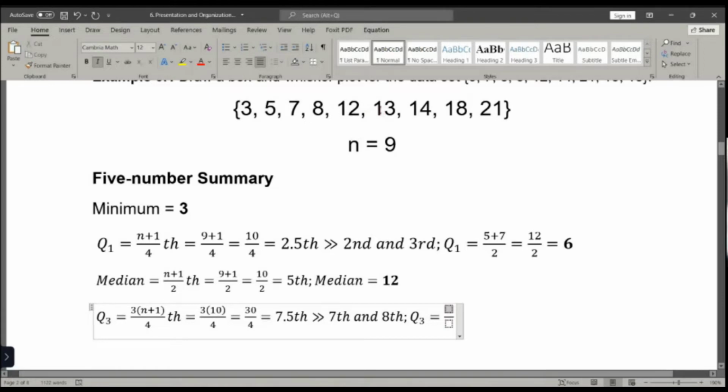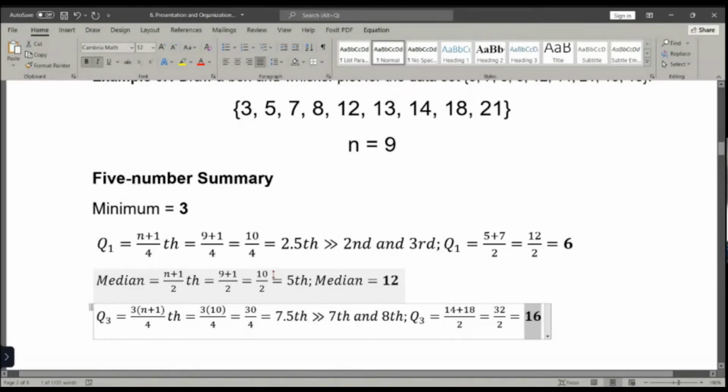We have 14 and 18. 14 and 18 over 2. What is 14 plus 18? 32. So this is 16.